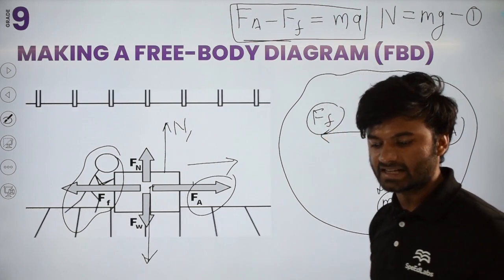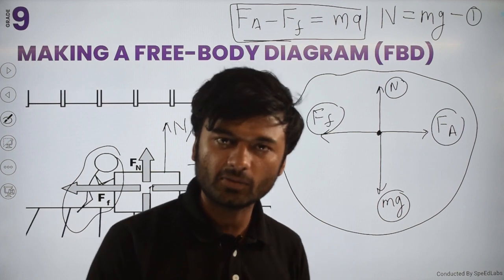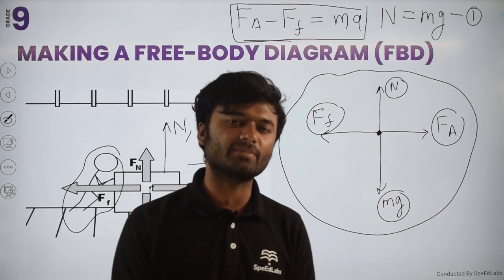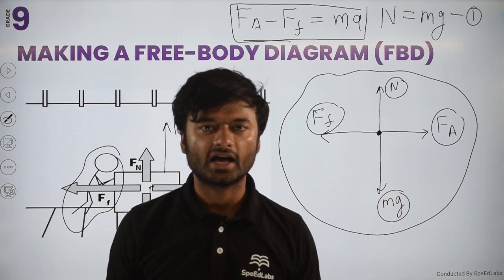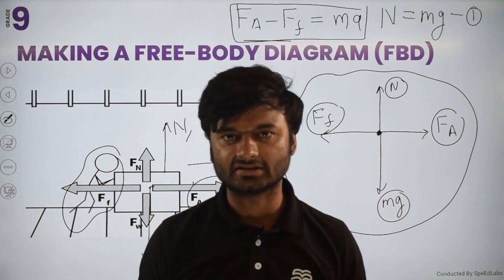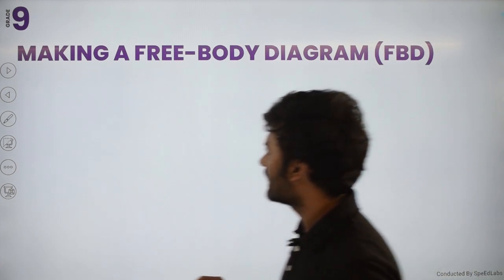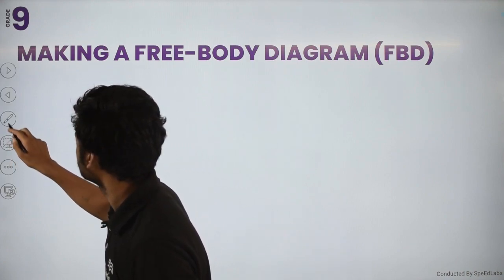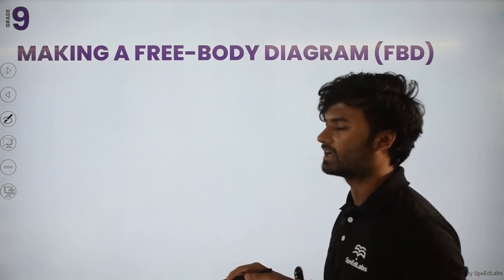So what I actually want to say is that with the help of a free body diagram, we can easily write the equation of motion and solve whatever the question asks, understand. So remember this thing. Now I am just taking one good example for you. Just by this you can be very much clear with the concept of free body diagram.